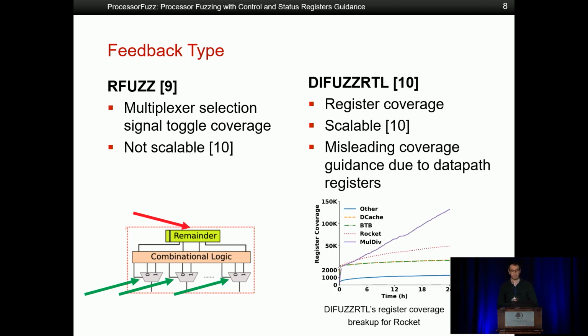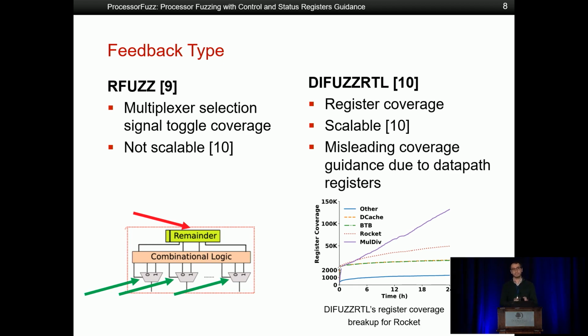With a more specific example from this logic, which is actually taken from Rocket Core, we observe that the value of the remainder register can easily change. So if your test input includes a multiplication operation where you multiply two numbers, let's say, you can see coverage increase in your processor.